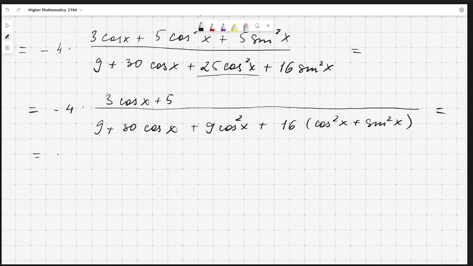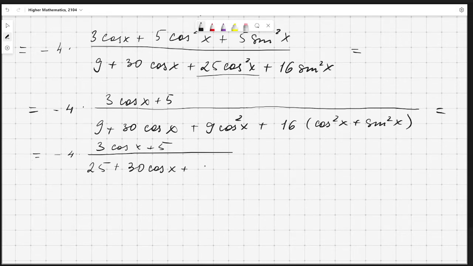We have minus 4 times 3 cosine of x plus 5 over 25 plus 30 cosine of x plus 9 cosine squared of x.